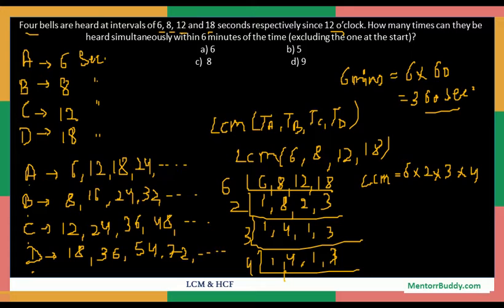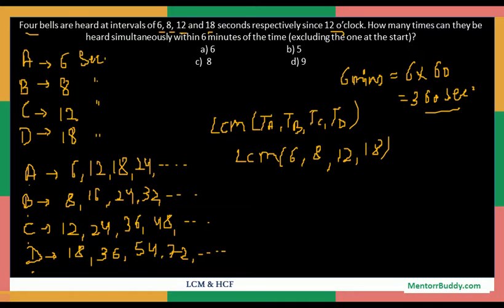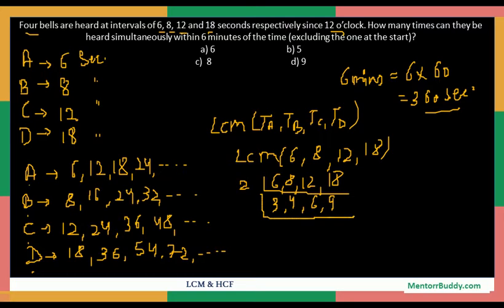Okay, we have taken the wrong LCM here, so we are erasing this part. I'm removing this part. Again taking the LCM of the numbers 6, 8, 12 and 18. So this will be 2 3 times, 4, 6 and 9, that will be 3 1 time, 4, 2 and 3, again 2 will be 1 time, 1, 2, 1 and 3, and this will be again 2 and 3.